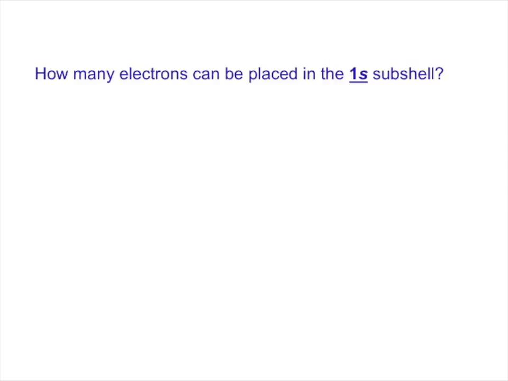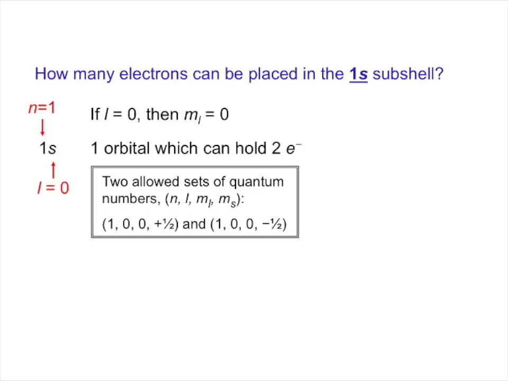Alright, last question. How many electrons can be placed in the 1s subshell? Think about it for a second. 1s, n equals 1. S means there's only one orbital there. So l equals 0, m sub l equals 0. We only have one possible orbital. It can hold 2 electrons.